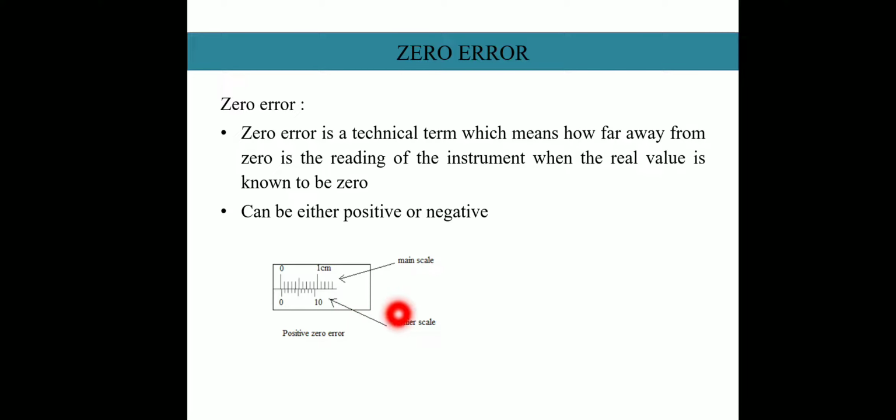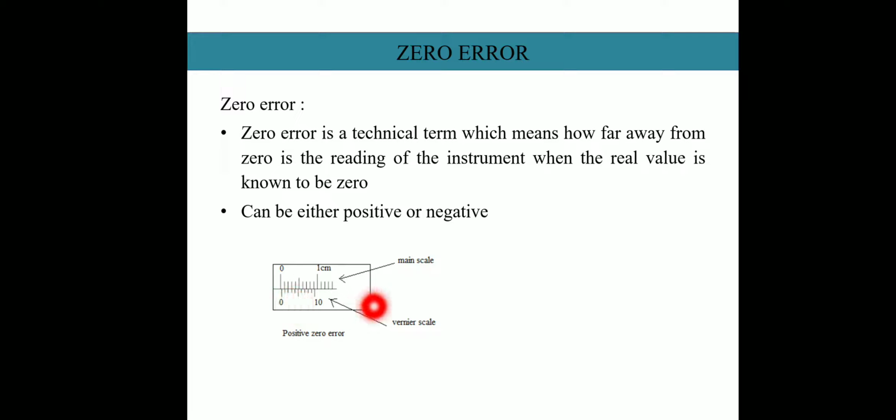But here the value of 0 is obtained when the lower zero line and upper zero line both coincide. They form a straight line. So if the zero line on the main scale and the zero line on the vernier scale form a straight line, or they stand together, then we say the value which we are reading is 0.